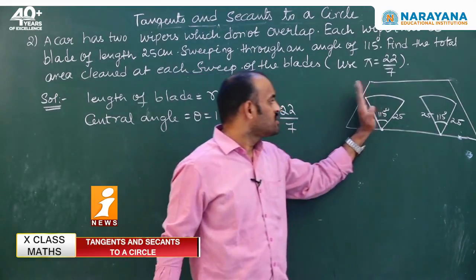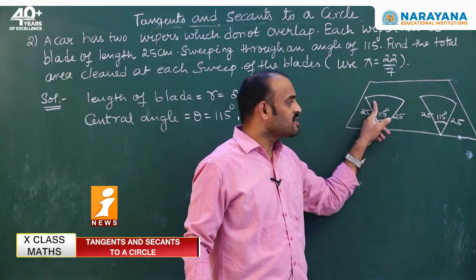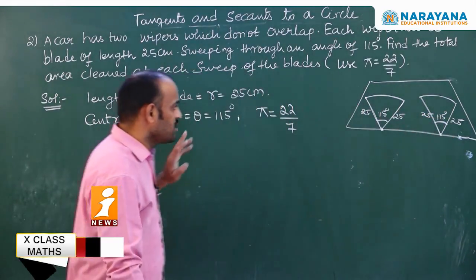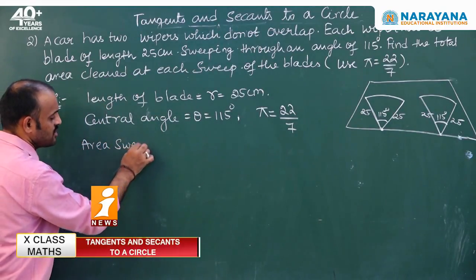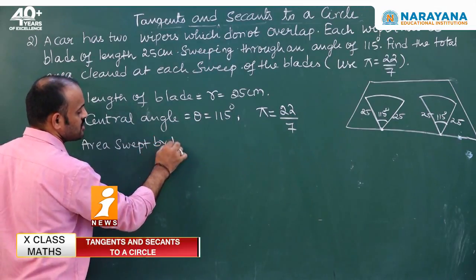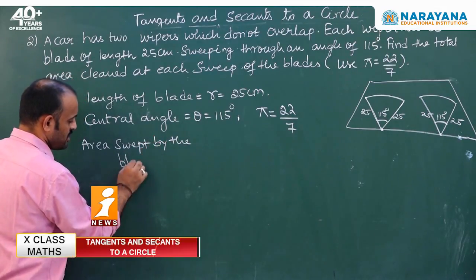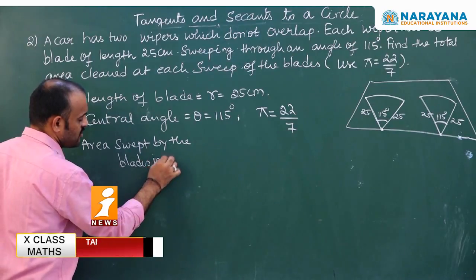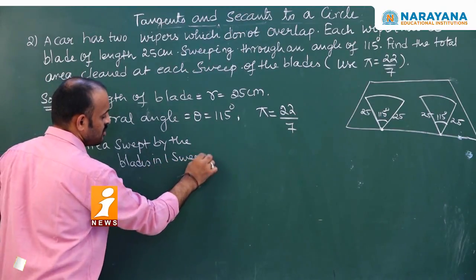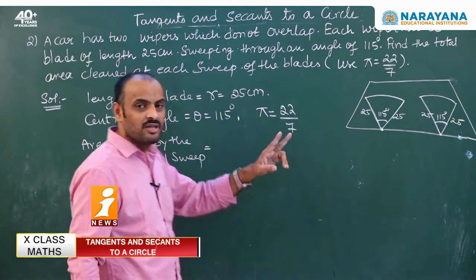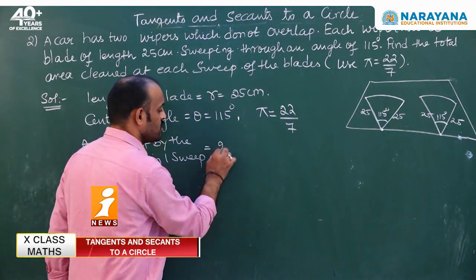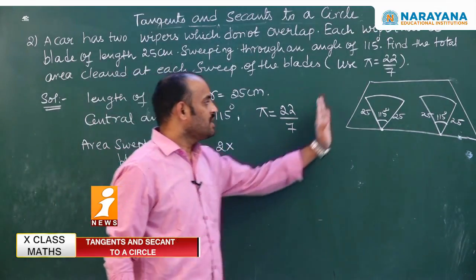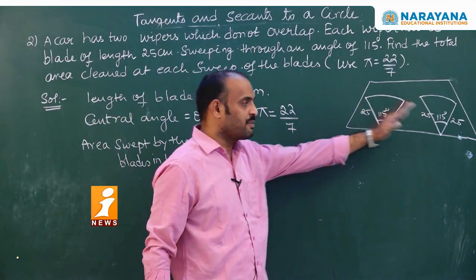Which shape is it? Sector. Therefore, area swept by the blades in one sweep, how many blades are there? 2 blades are there. That means 2 areas are there. 2 into area of each blade swept.